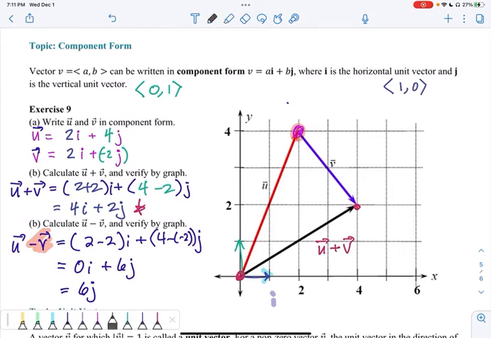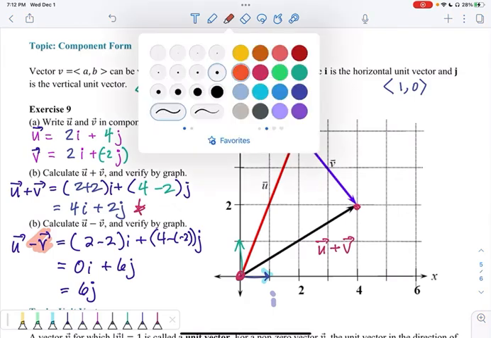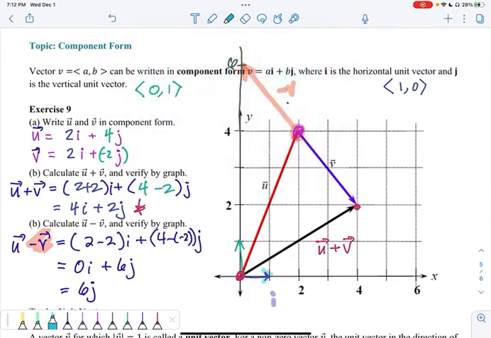Well, we have to cheat a little here and go up, let's say our 6 mark is about up here. Yeah, maybe right there. So then if we add negative v, which would be right here, now I'm starting to get a picture of what I would get if I had u minus v.